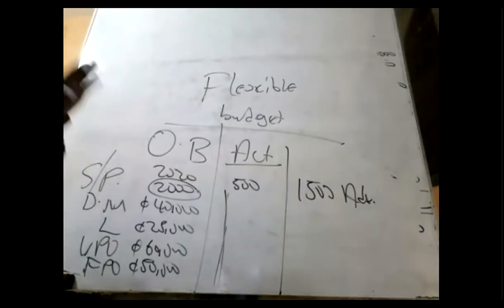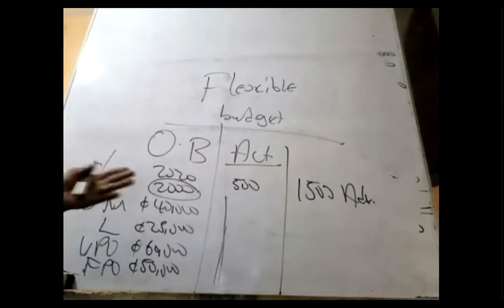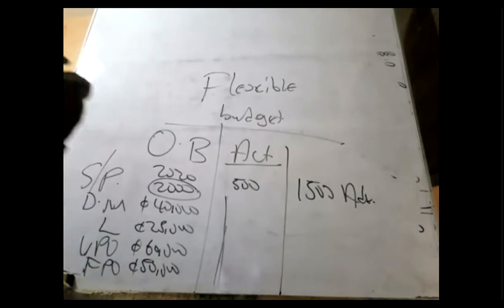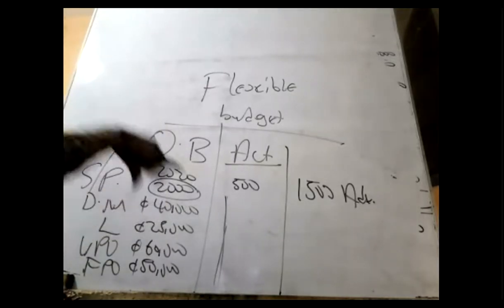How can you budget the whole year and you achieve only 500 out of 2,000? It will be a very terrible performance. However, the circumstance or the environment or the cause of this adverse variance is not under management control. So it will not be fair if we don't incorporate the impact.